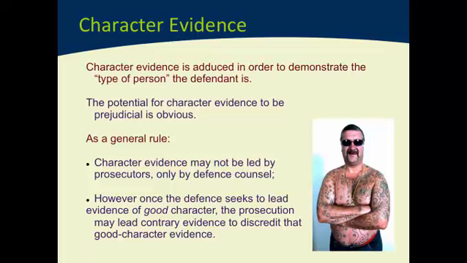So once the defence has put character on the table as something to argue about, then the prosecution can go for their life. But if the defence knows that the character of the defendant is a bit dodgy, all they need to do is refrain from introducing character evidence, and the prosecution can't introduce any at all. So that's fair. It means that the defence is on notice that if they want to raise character as a factor within the trial, then they have to be prepared for evidence going in the other direction to be introduced against them. I kind of like that.